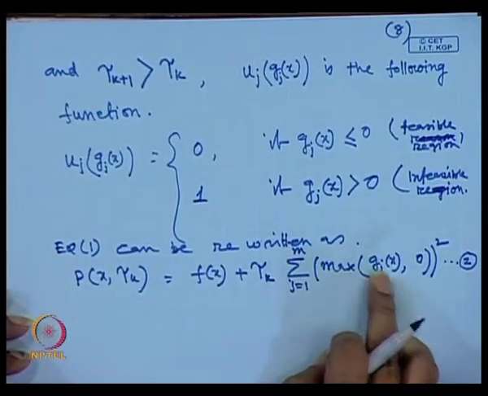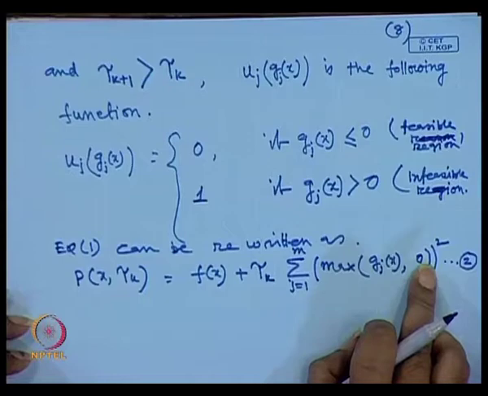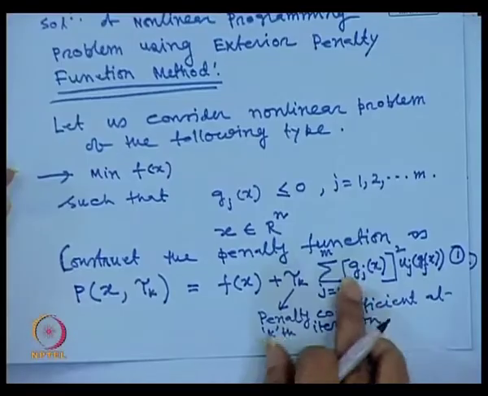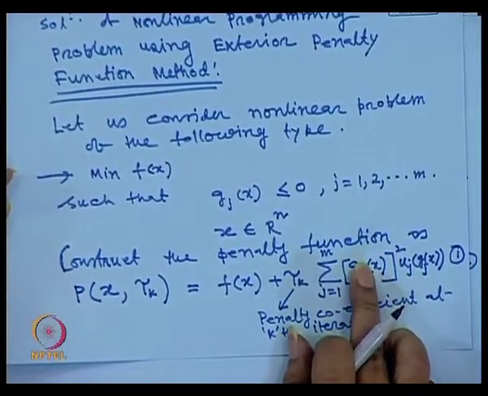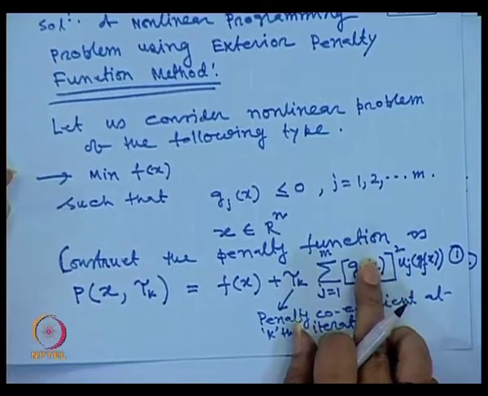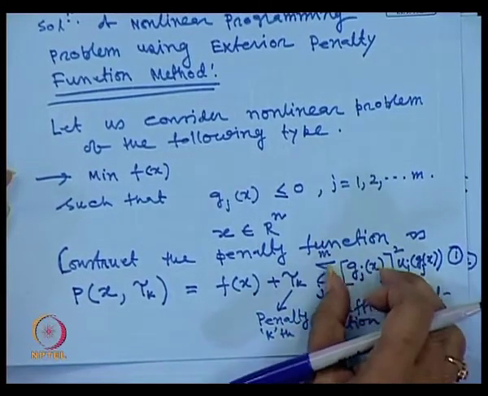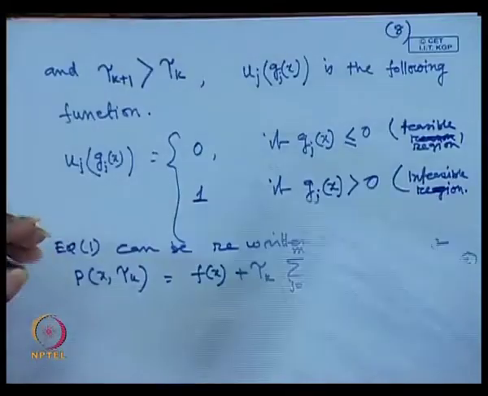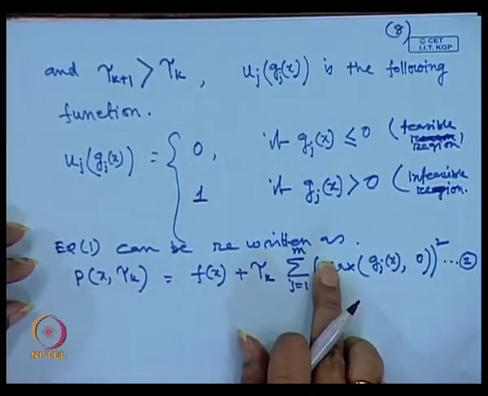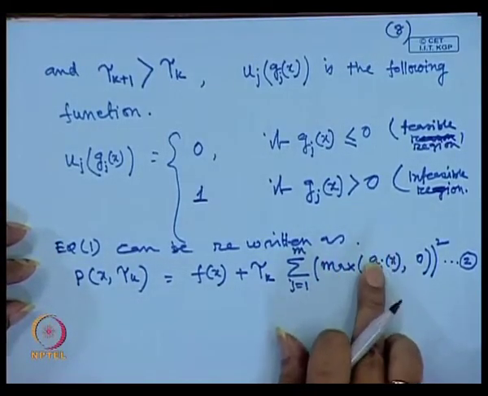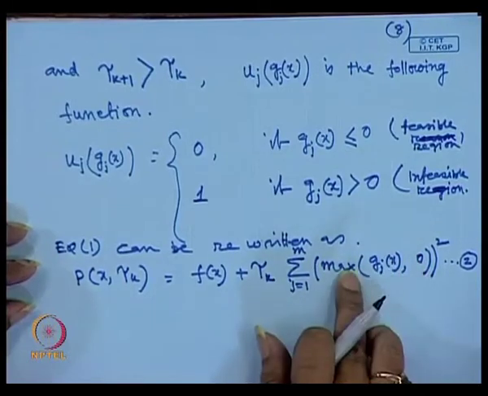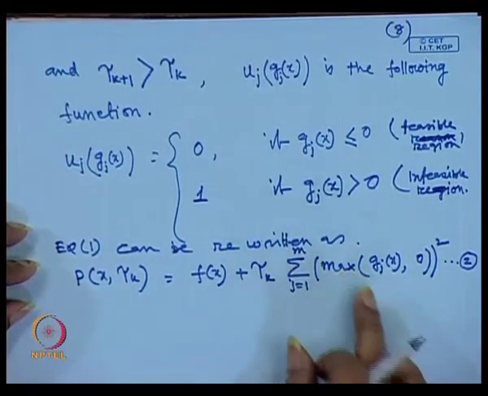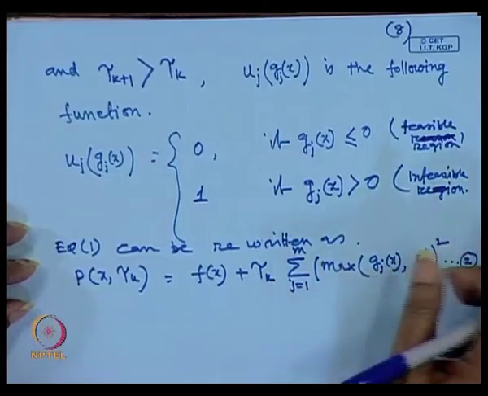Equivalently we can write the maximum of this. When it is not in the feasible region, this value is greater than 0, then the square of it will be positive. Maximum of this means you are taking g_j, whatever the maximum is, then that squared.